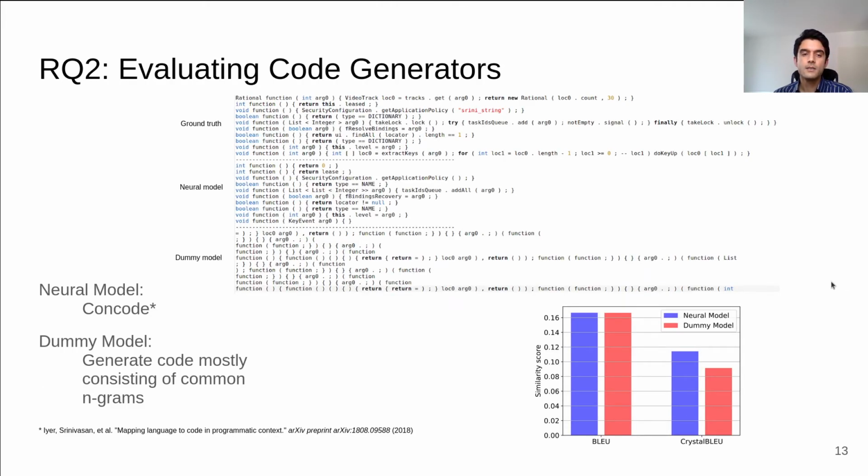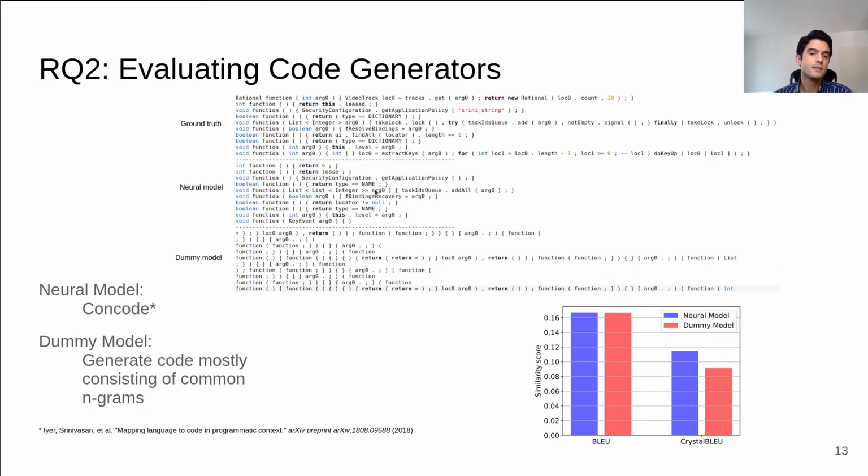So the next thing we want to discuss is, can it avoid these misleading comparisons? For that, we want to look at the task of comparing two models that generate code. In this case, we have a neural model called CONCODE, and we have a dummy model. This dummy model generates code mostly consisting of common n-grams.